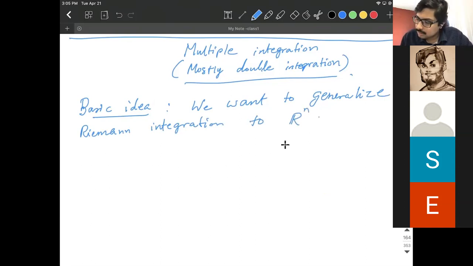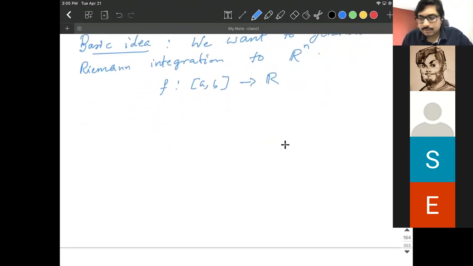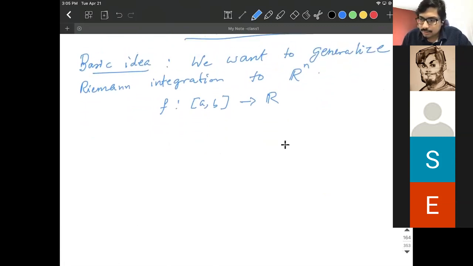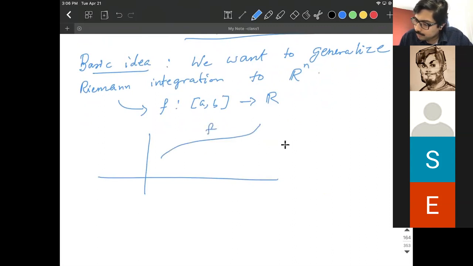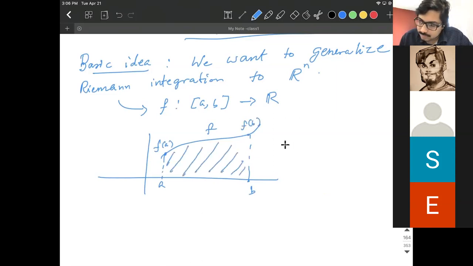Riemann integration says that you have a function, nice enough function, from [a, b] to R. Let's say continuous function, just so that you can draw a picture. So for Riemann integration, this is f, let's say this is a and this is b, this is f of a and this is f of b. So Riemann integration computes this area under the curve, right?